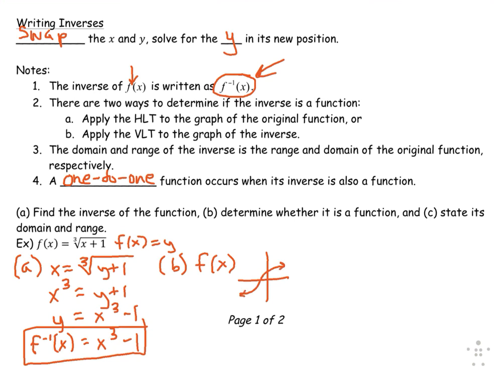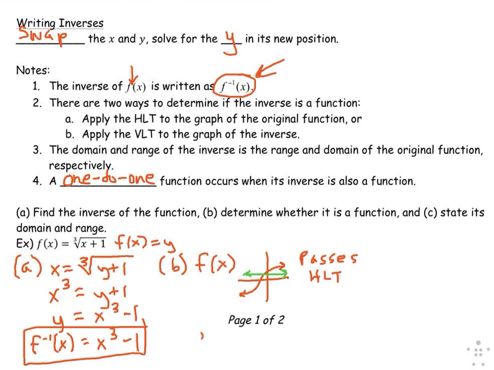And note that it passes HLT, which means that the inverse of f of x must be a function. So that would be one way to decide if what you found down here is in fact a function.